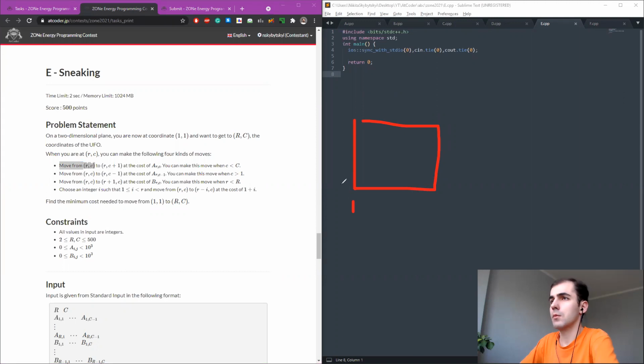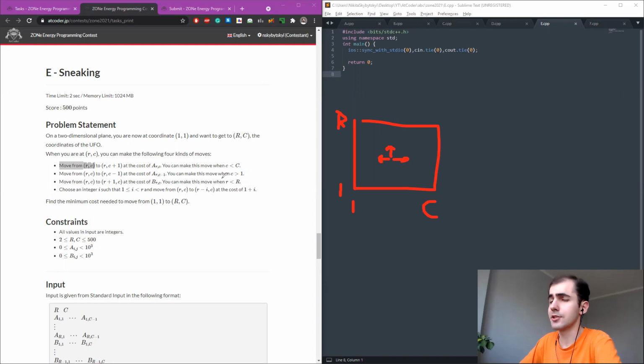So we can move right, left, and up, but we cannot move out of the grid.